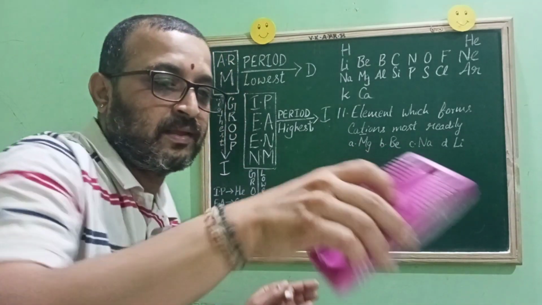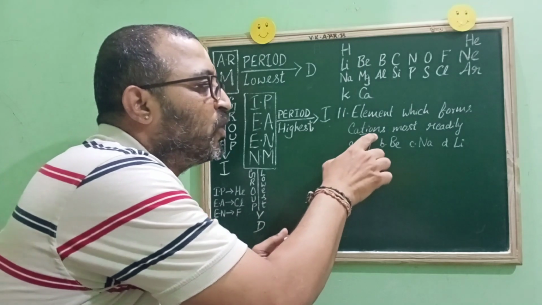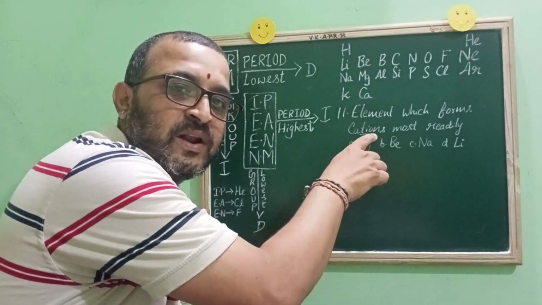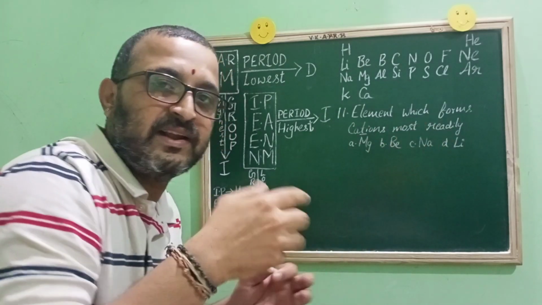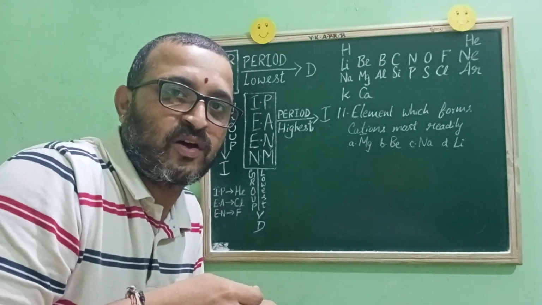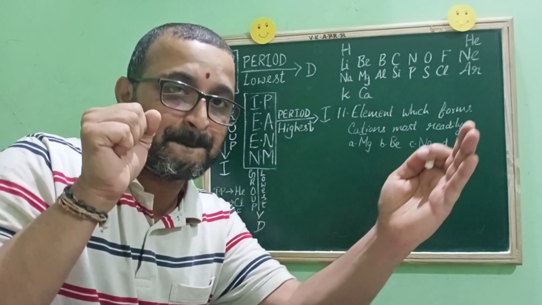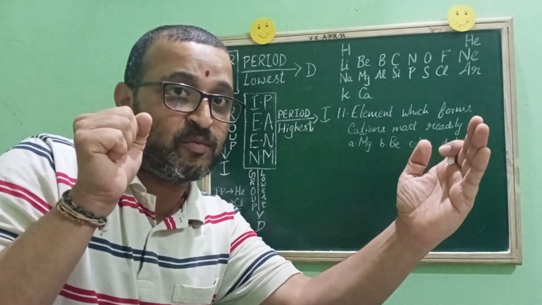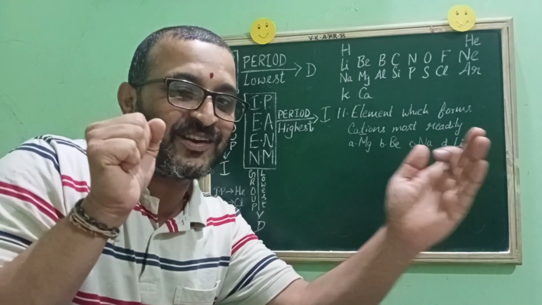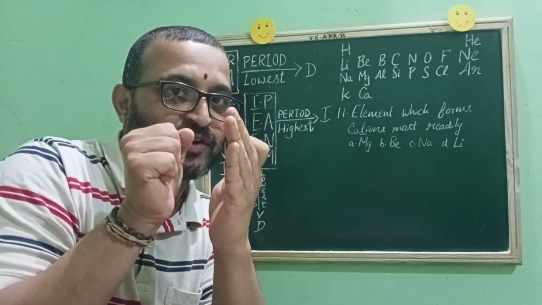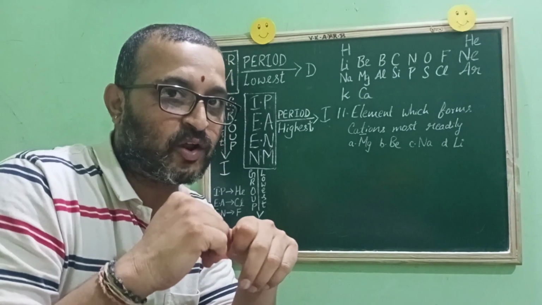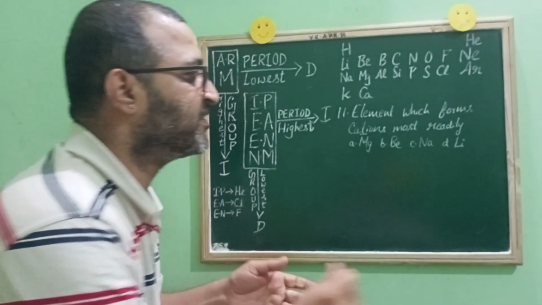Now, in this question, we are looking for an element which will form a cation, right? Most readily. That is, who is ready to lose the electron? Now it's very simple. Bigger atom has got more tendency to lose the electron, and smaller atom has got more tendency to gain the electron. Now children, first let me arrange these things, right?